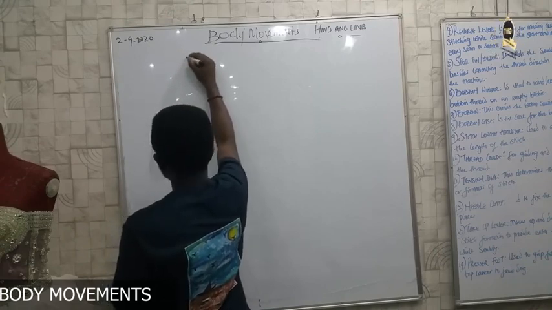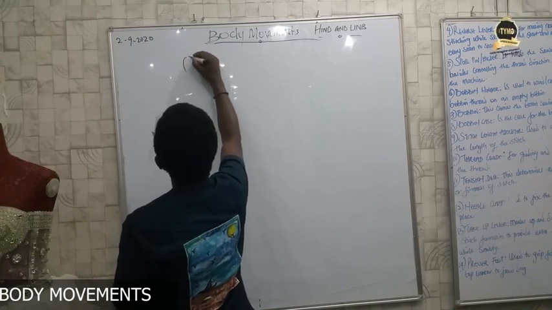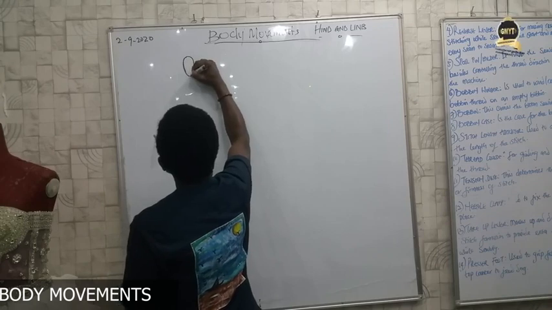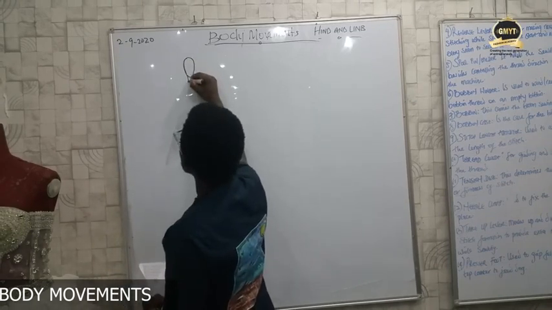Now I'll be drawing out the first drawing. First I start with the head. The head is an oval shape. The next thing I'll go to the neck.